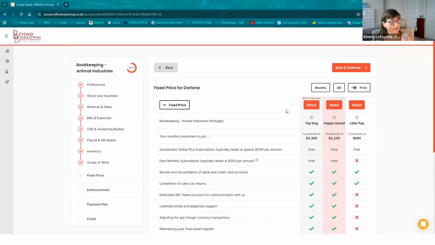Based on the options that you've selected as we were answering the questions, your Happy Hound package would work out to 12 payments of $2,245. And again, that's the one that's equivalent to having somebody part-time, which would be about $40,000.